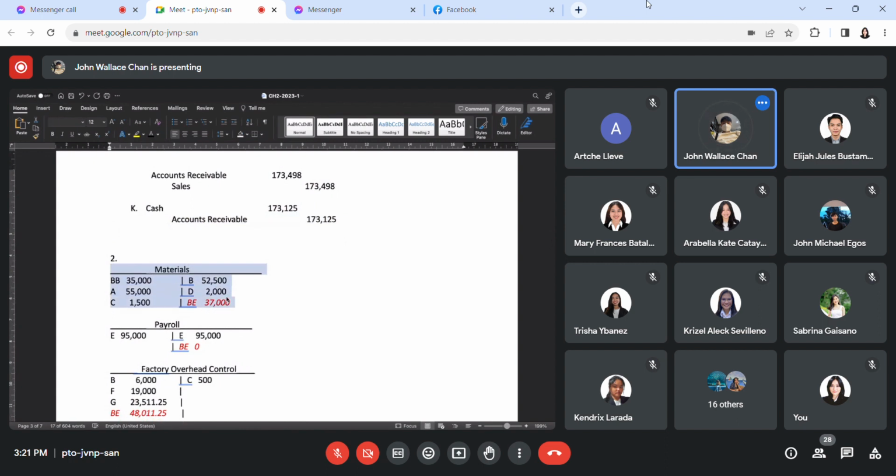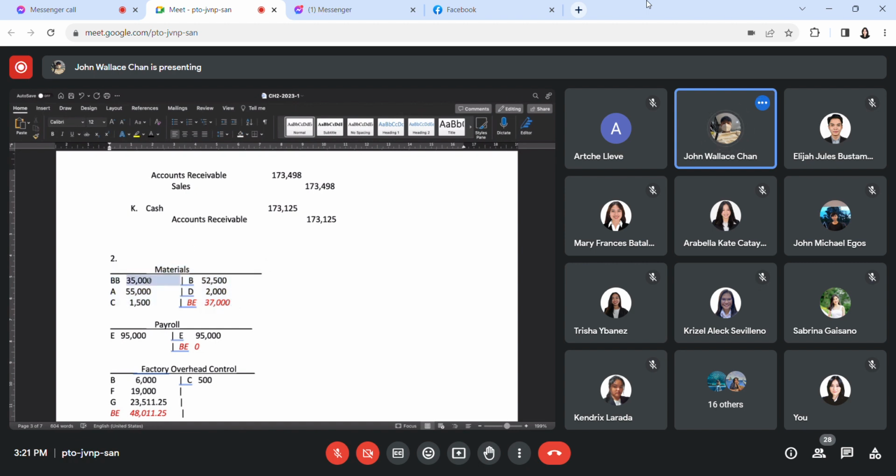So at the start, or like in the first paragraphs of the book, you can see now it says here that in April 1, 2020, your work in process had a beginning amount for materials of 35,000.